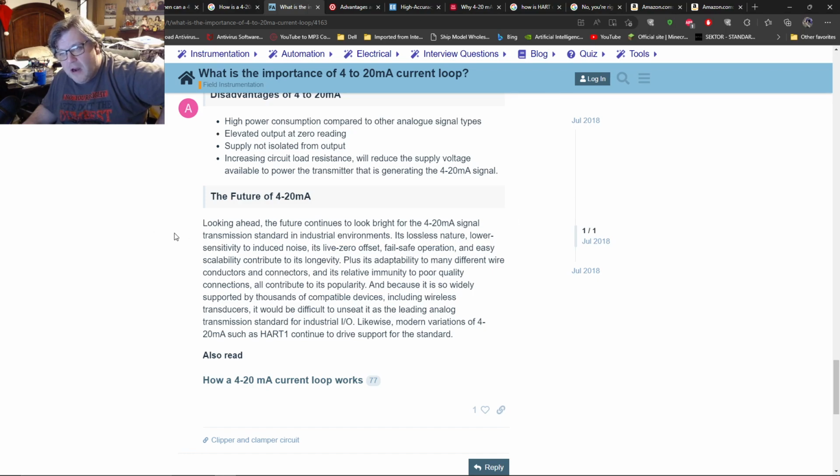It already looks bright for the sensor itself because it's used in so many different types of equipment. So how will it be used in the future? Probably on new types of equipment in both industry and electrical, as well as several others.